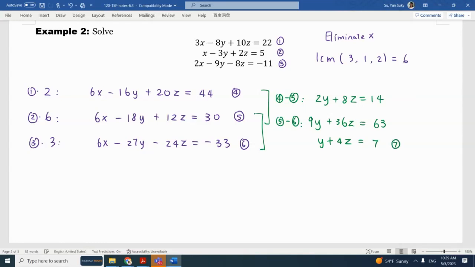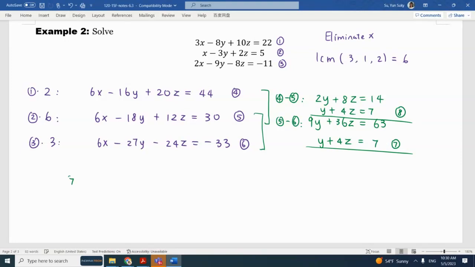Okay, let's call this equation 7. How about this equation? Do you see all the terms have a common factor 2? If you divide it by 2, what happens? Colin. The same thing. We get the same thing. Right, everybody?